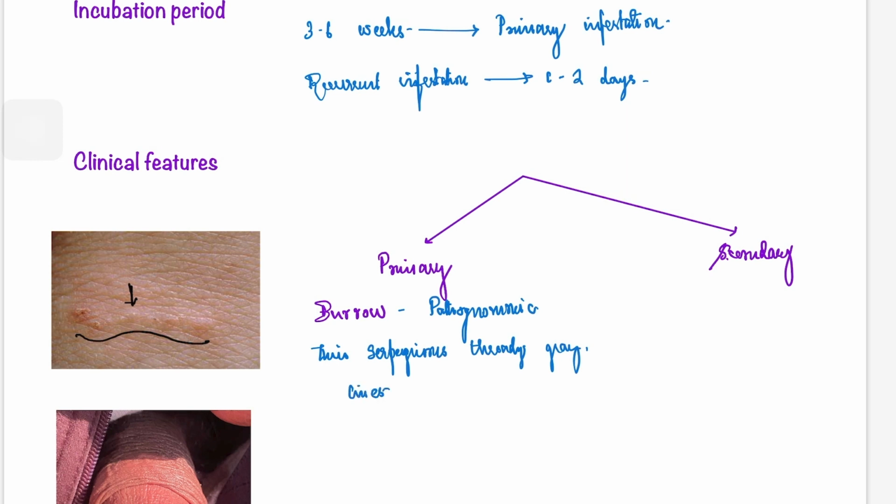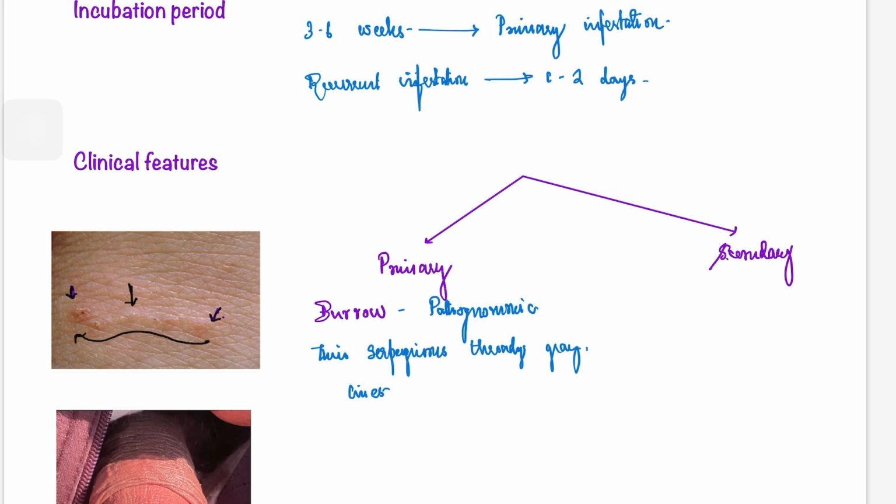What is this burrow? The mite, after entering the stratum corneum, penetrates at the rate of 1 to 10 millimeters per day. So the site of entry would have scaling, and the site where the mite is at the current stage, you would see the papule or vesicle. So this is the migration of the mite.